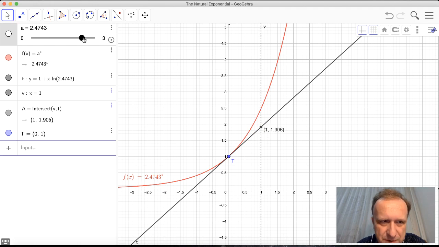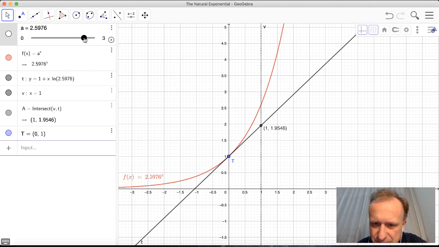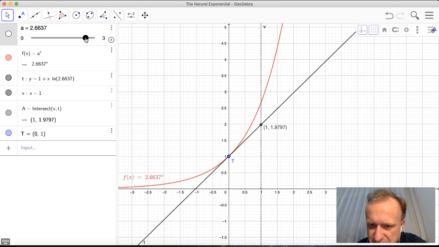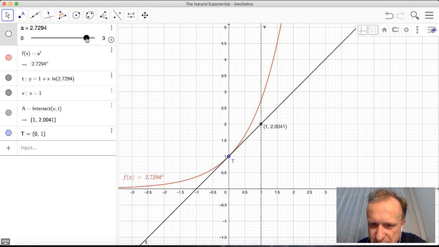So let me now increase the base A, and let me look at the vertical coordinate of this point and try to fix it so that the value of this intersection is exactly correct. And now here it is.